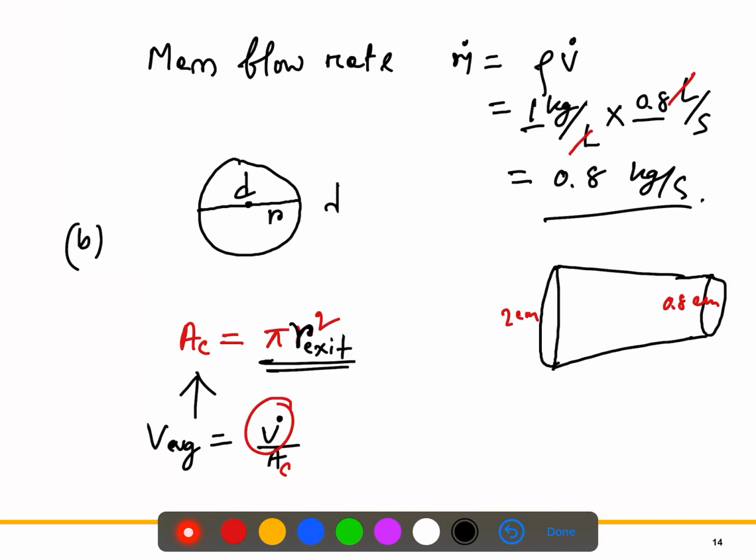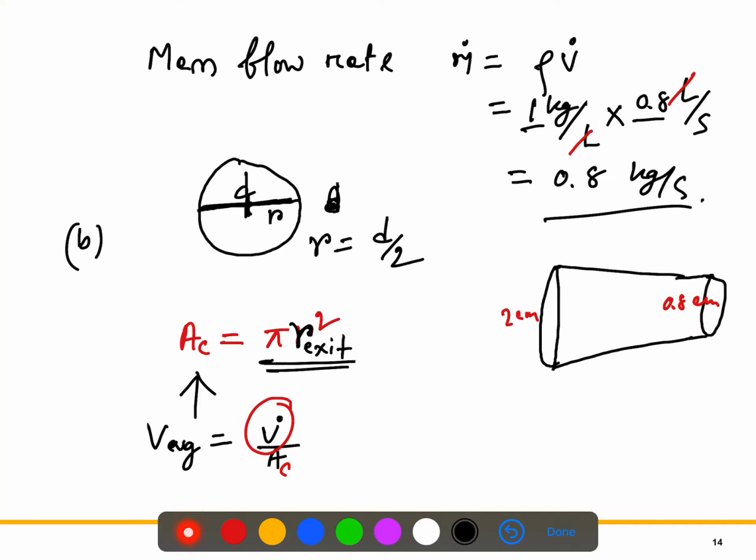So the radius r is half of the diameter. The whole length is the diameter, and the radius is from here to here. So if we want to calculate the cross-sectional area at the exit of the nozzle, we need to use this diameter.